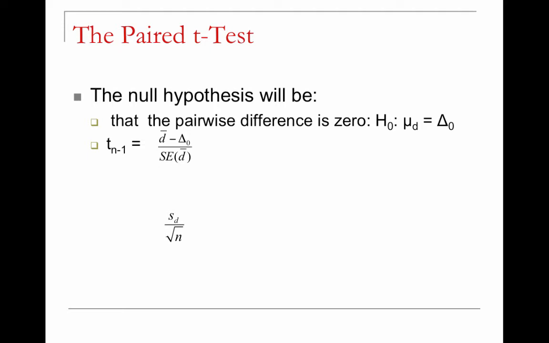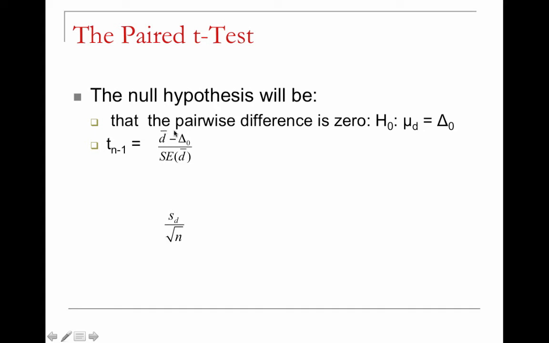Then when you calculate your t-score, which is the same thing as the z-score, you have t sub your degrees of freedom, which is again n minus 1 here, because we're only looking at the differences, so we only have one set of data, so we only have one sample size. And that's going to be equal to the mean of the differences.